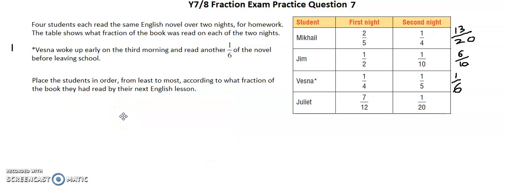Let's look at Vesna. Now Vesna did 1/4, also read 1/5, and also read 1/6. So the first thing I need to think about is looking for the lowest common multiple.